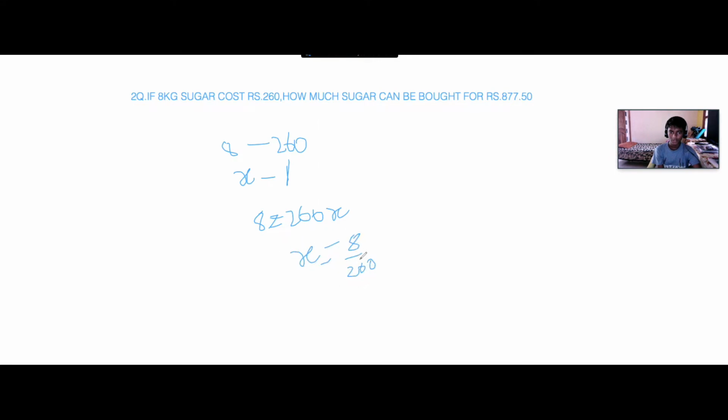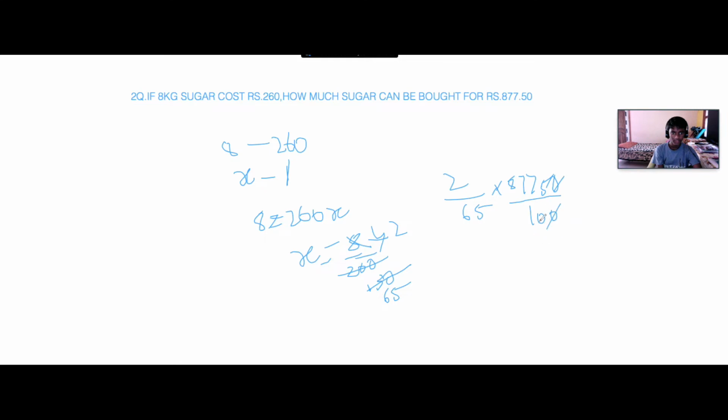Two 4s are 8, two 130s are 260, so it is 2 by 65. In the direct method, the second step is multiplying by 87750 by 100. So we are finally here.